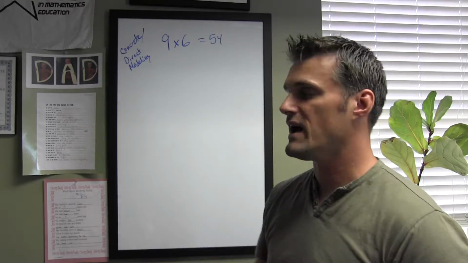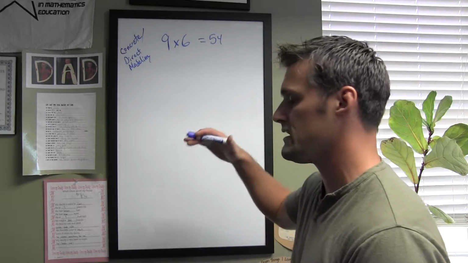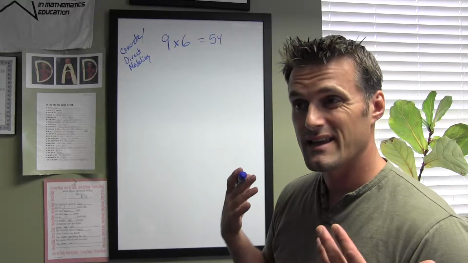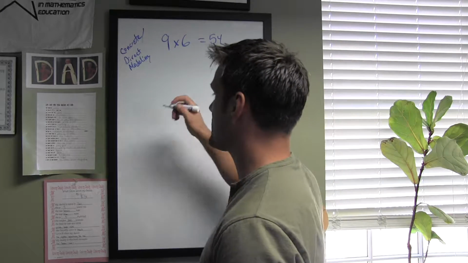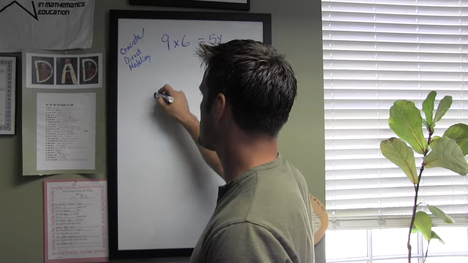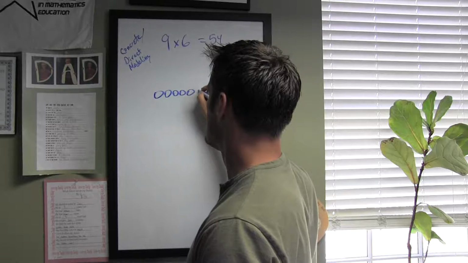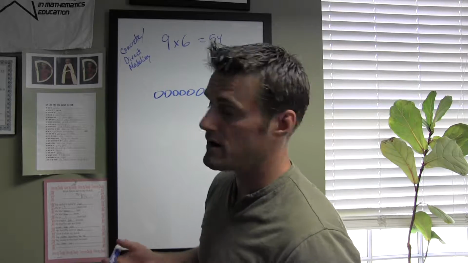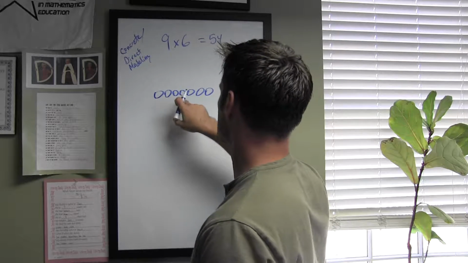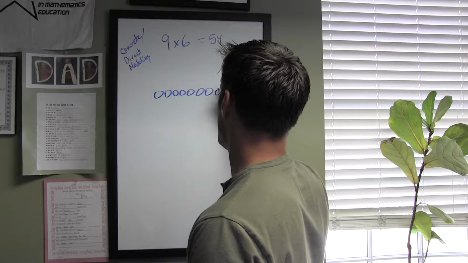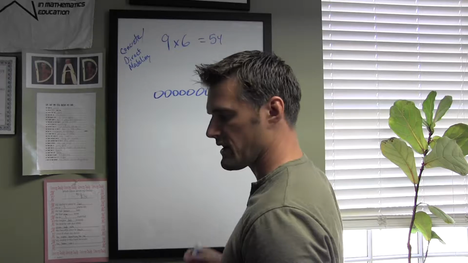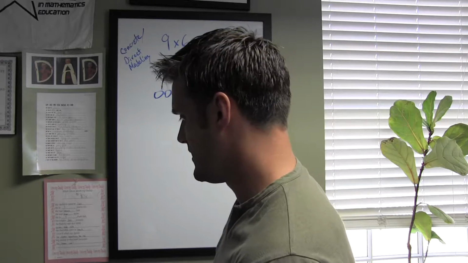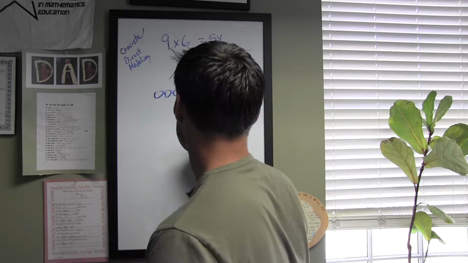Another way, so we can move down to something a little less concrete but still a way that you can count them and see the numbers, is to make a grid. We could make an array, so 1, 2, 3, 4, 5, 6, 7, 8, 9, and do that 6 times. Then we could count them and see a kind of rectangle shape.